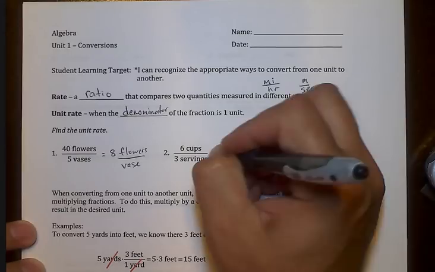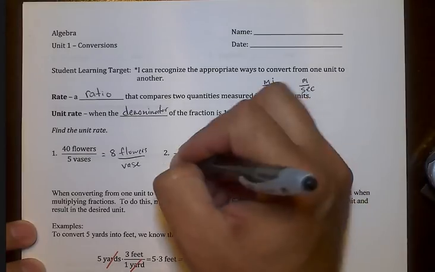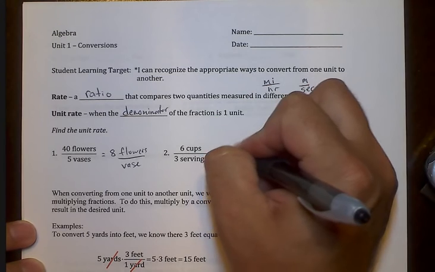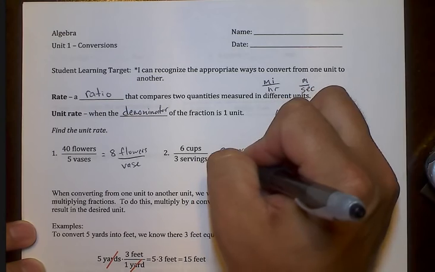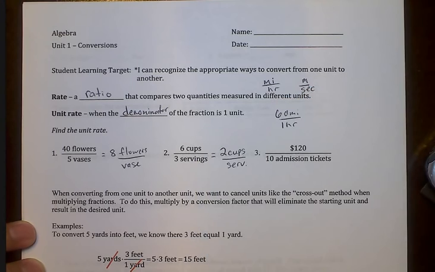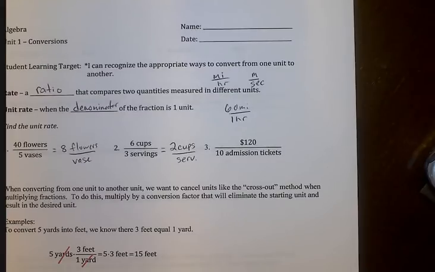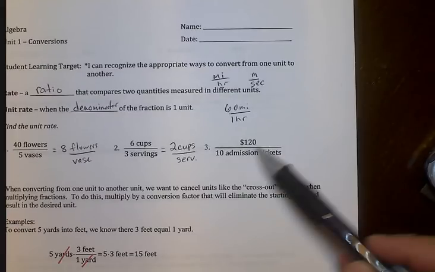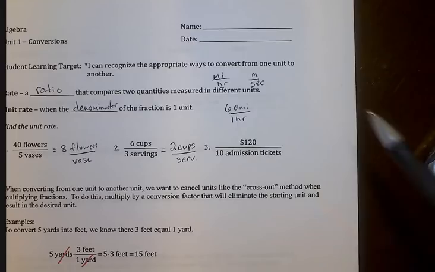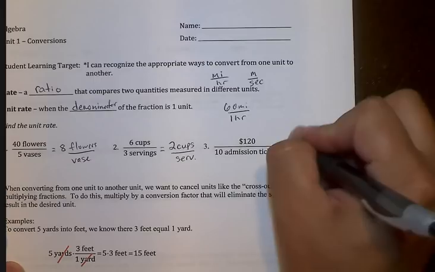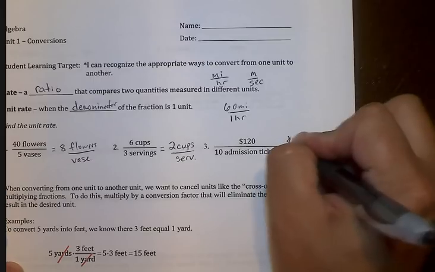My unit rate: 6 divided by 3, I get 2 cups per serving. The last one is $120 for 10 tickets. So how much does one ticket cost? I'm going to divide 120 by 10, so that's $12 per ticket.